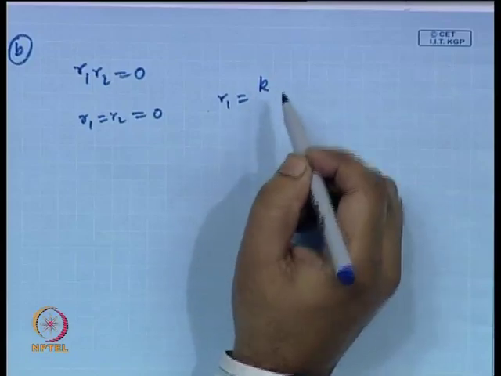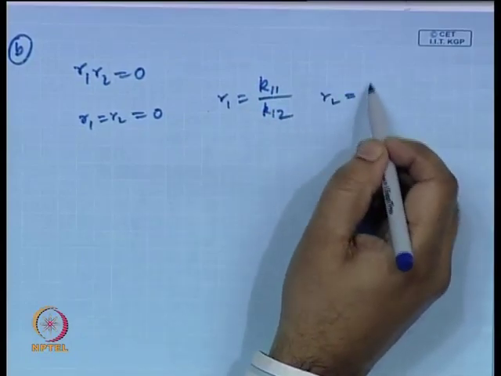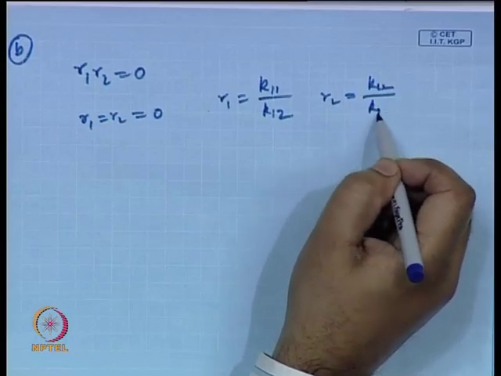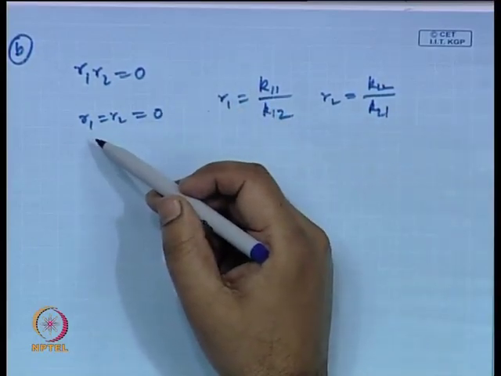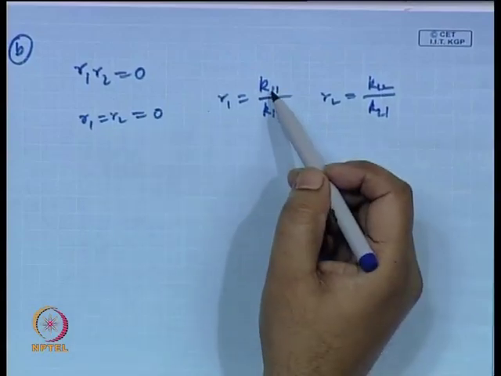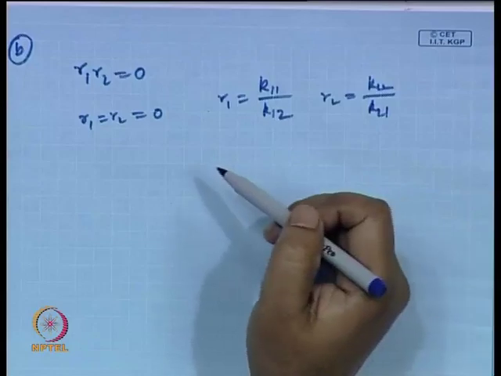R1 is, as we said, K11 by K12 and R2 is K22 by K21. Obviously, in this case, both the monomers M1 and M2 have no tendency to homopolymerize. So, they will only form copolymer.